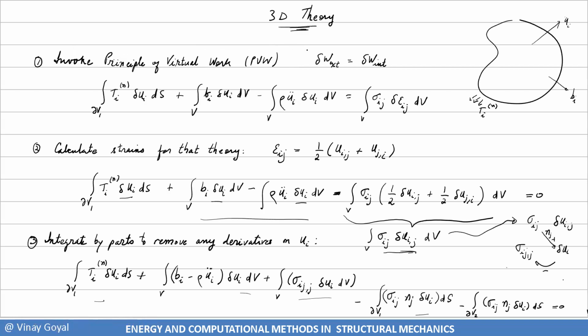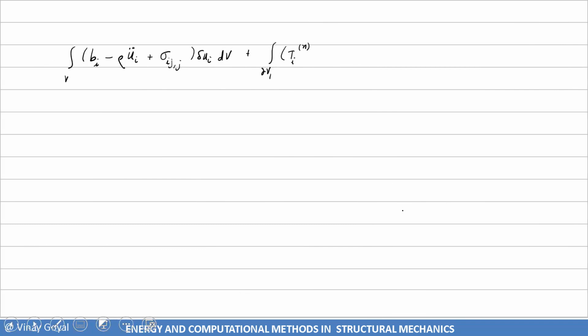And notice how this term right here combines with the term here. So that's sigma ij minus sigma ij nj del ui ds.